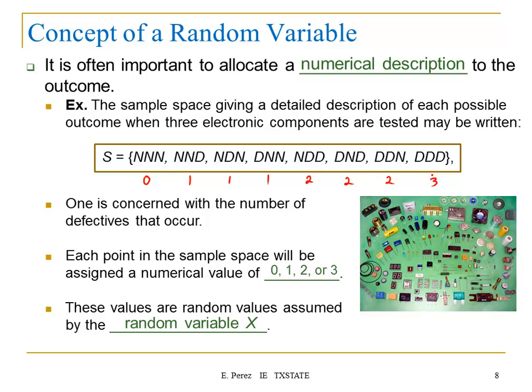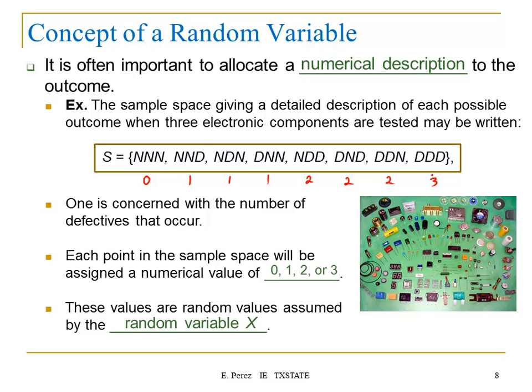So now we are using those outcomes from the sample space and we are assigning a value. We are defining a function for each outcome of the sample space. So in this case, the function is that you add 1 if you have a defect. So using that function, we can describe a random variable. Using the same sample, we can describe another random variable. Instead of looking at the defective, we can look at the non-defective.